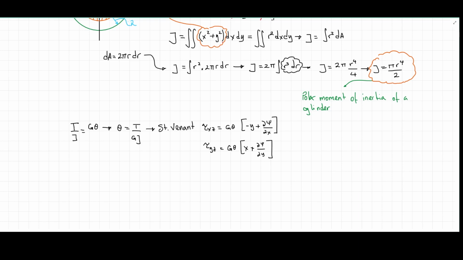And as I know that this psi function is 0, then I'm going to end up with these two simplified shear stresses: τxz is going to be minus Gθy, and τyz is going to be Gθx.